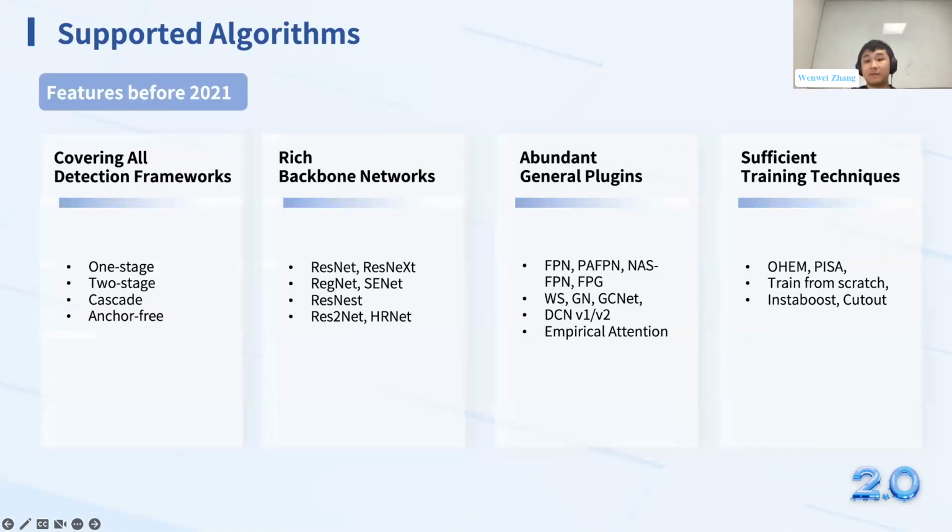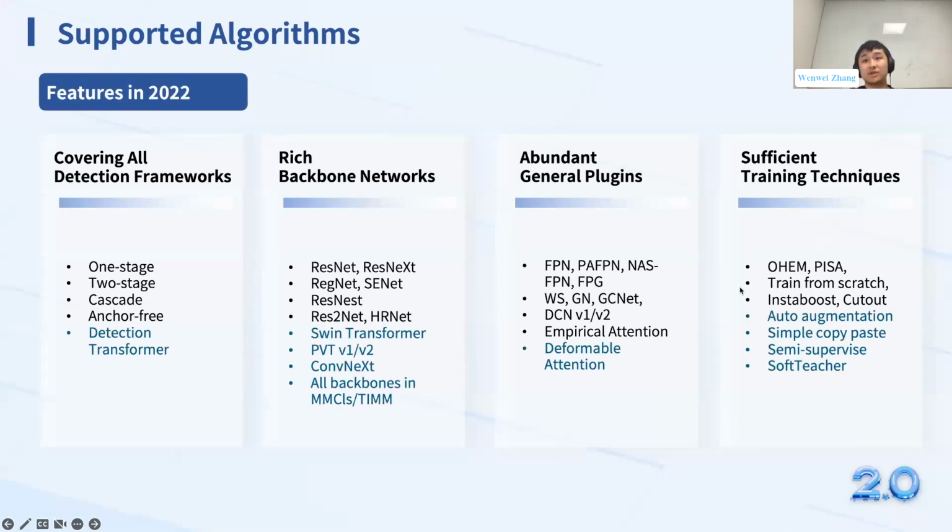So as you can see, MMDetection basically supports all the detection frameworks, and it provides rich backbone networks like ResNet and RegNet, and it provides abundant general plugins like FPN, FPG, DCN, or empirical attention. It also provides many sufficient training techniques like InstaBoost and Cutout.